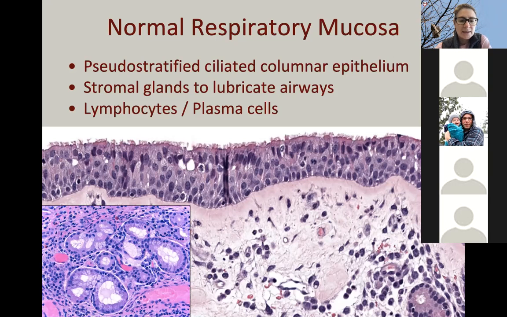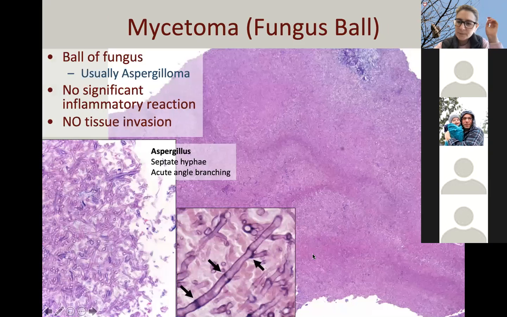Certainly ciliated, and there are stromal mucosal glands that secrete mucin and enzymes to lubricate the airways. Because this is an antigen-rich area, there are always some inflammatory cells in the stroma to manage potential allergens and inflammatory response.